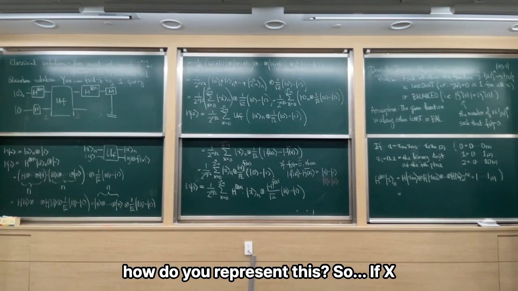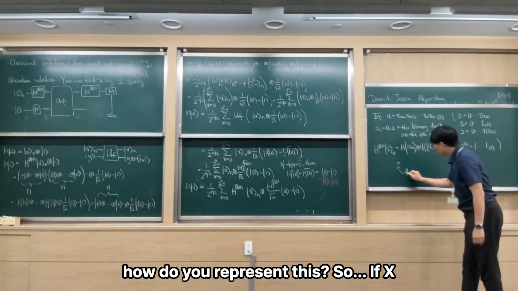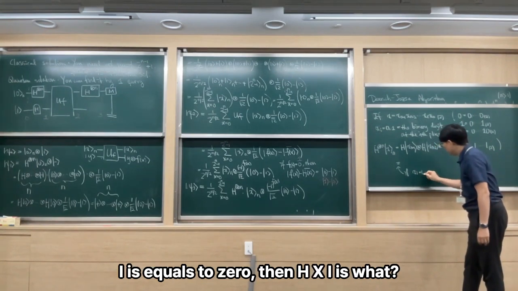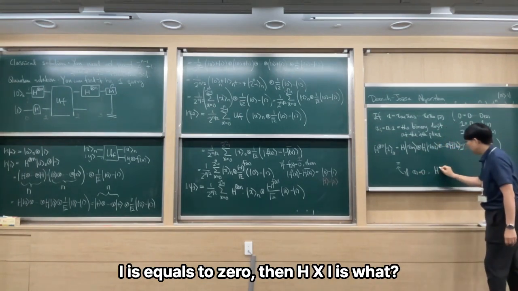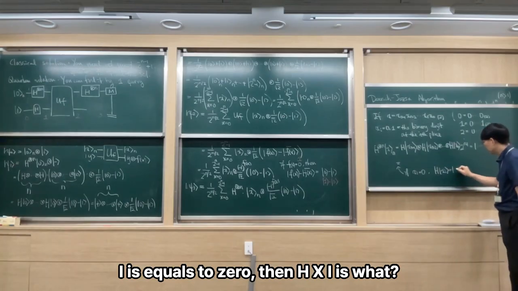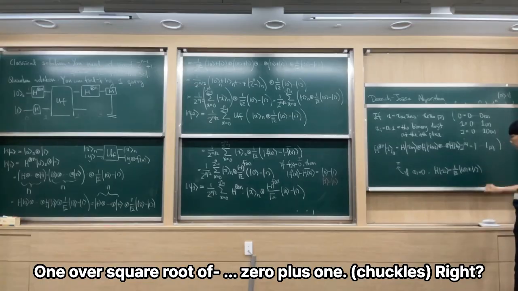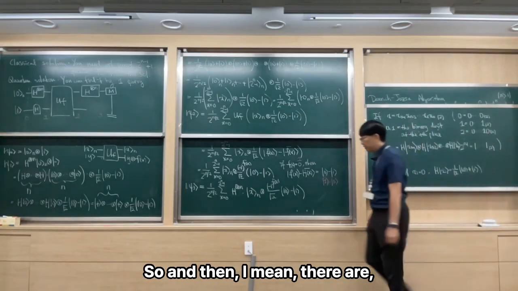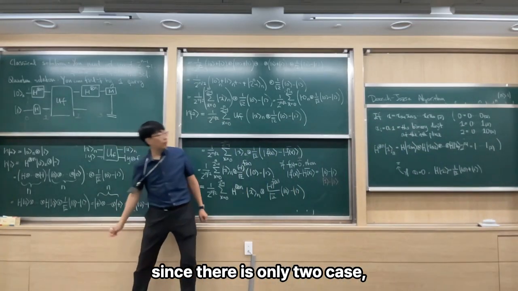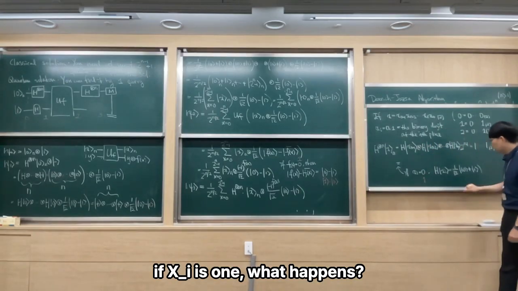So how do you represent this? If x_i is equal to 0, then H ket x_i is what? 1 over square root of 2, ket 0 plus ket 1, right? And since there are only two cases, if x_i is 1, what happens?